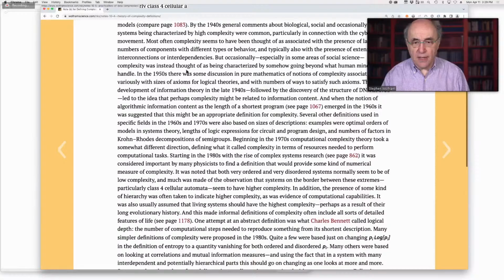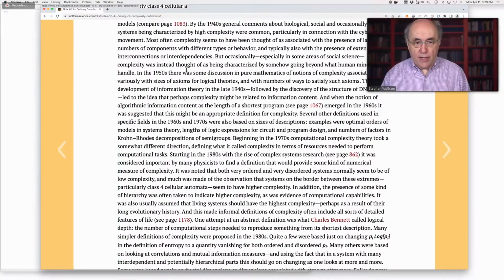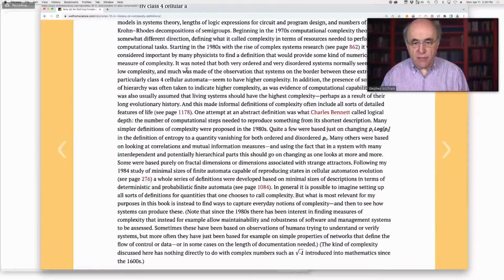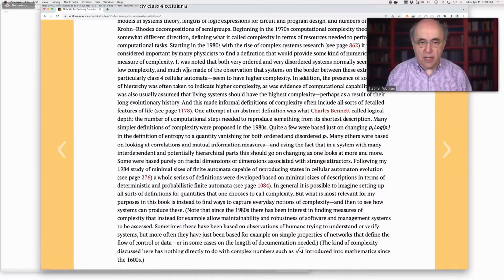I talk here about the twists and turns of attempts to define complexity. There are a lot of places where people say, I nailed it, I got a definition of complexity. It's always nonsense. In a sense, complexity is just an impression that we have.